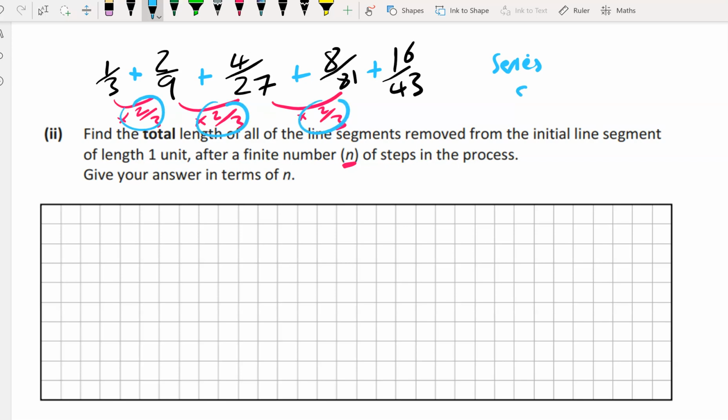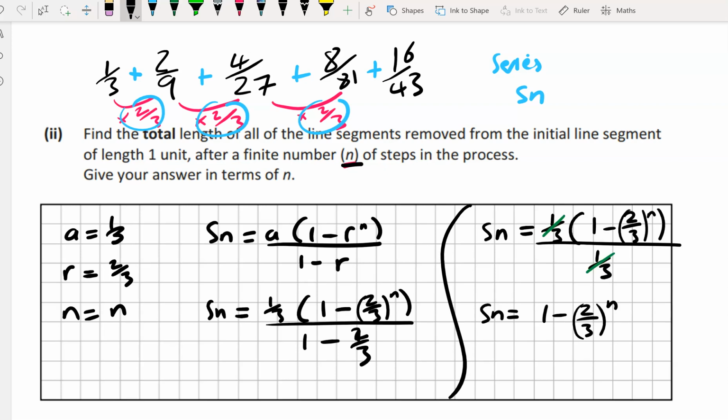So we're looking for Sn in a geometric series. A is our first term, which is 1/3. We already know our common ratio is 2/3. And the number of steps is n. So we fill a, r, and n into the Sn formula, and you'll see at the very end the 1/3 top and bottom will cancel, leaving you with 1 minus 2/3 all to the power of n.